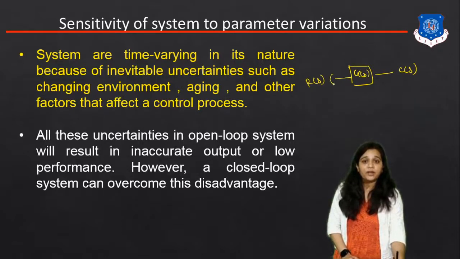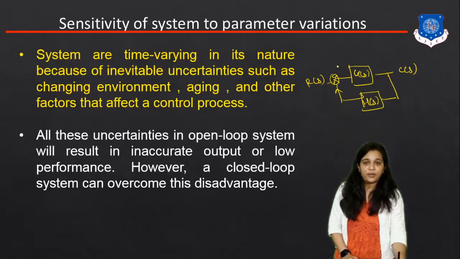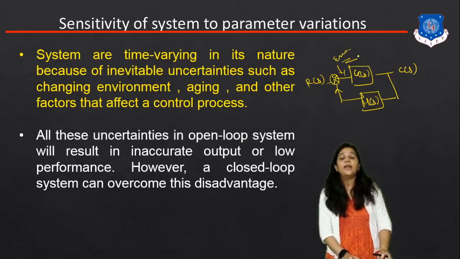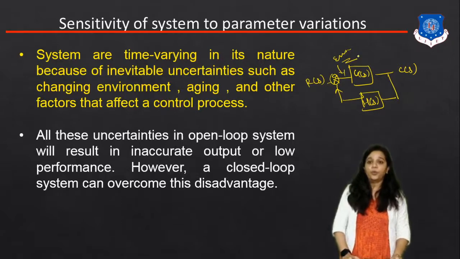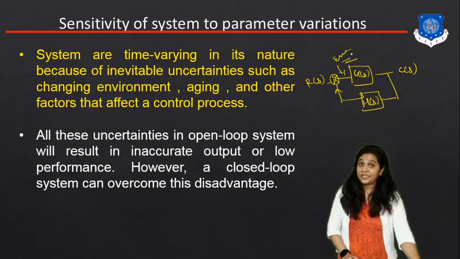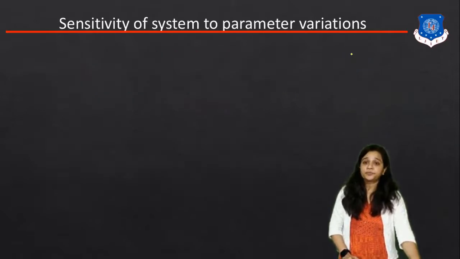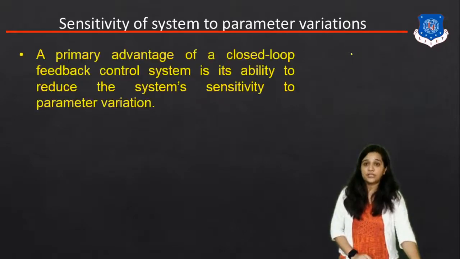But if we convert this open loop system into a closed loop system, the feedback path and feedback element are there, and using this feedback signal and the error signal, we can nullify the error and get a fixed output. The next topic is sensitivity for the closed loop system.